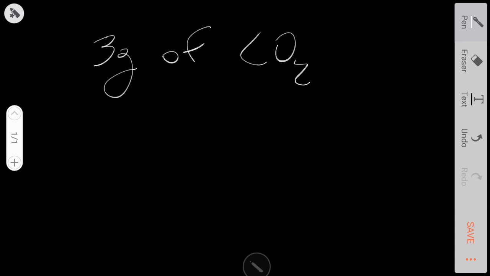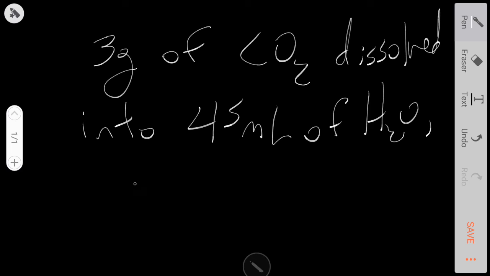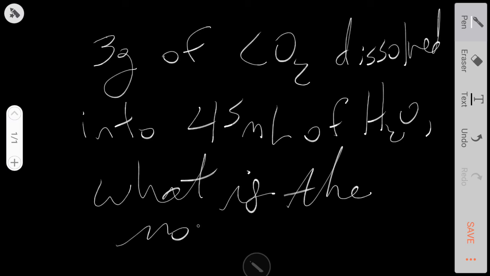If I have, what's a good one, if I have 3 grams of, say, CO2, carbon dioxide, dissolved or mixed into 45 milliliters of water. What is the molarity?